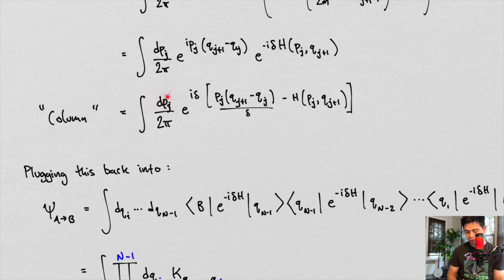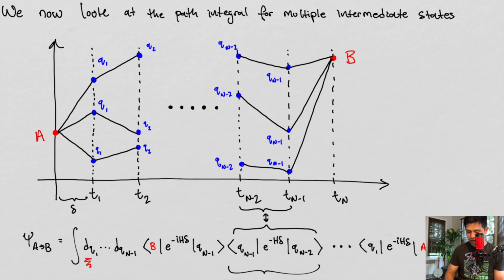The canonical momentum values are p_j, and so we're summing over all the possible p_j's. We specify how many paths are along this integral, which is equivalent to asking how many n minus 2's there are. In this picture we only have 3, but you could have 4, 5, 6, or 7. That's what that integral is dealing with.